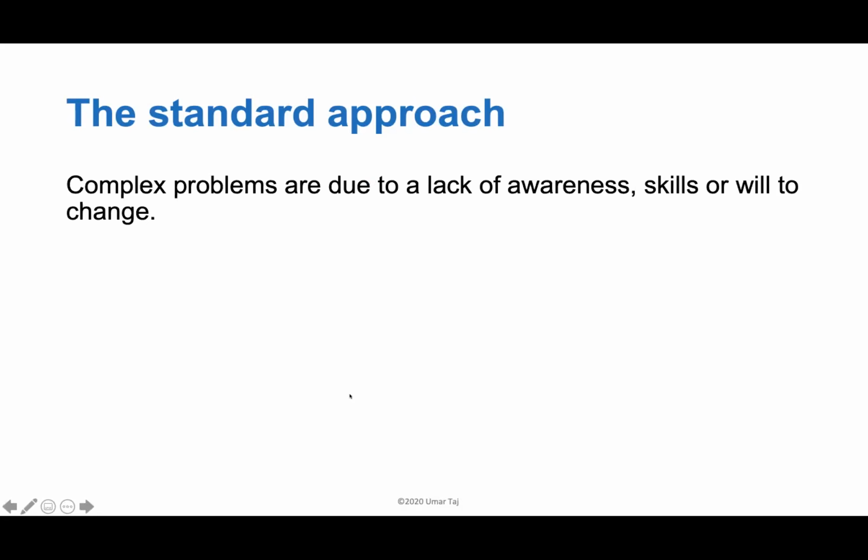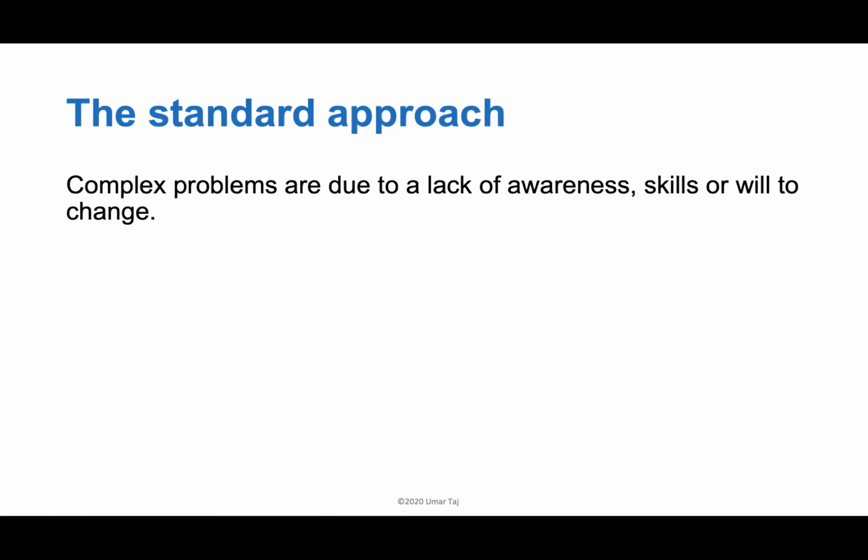The standard approach is that whenever we see a complex problem, we believe that that complex problem exists either because people don't have an awareness about what to do, or they don't have the skills to address the problem, or very simply, they just don't want to change.